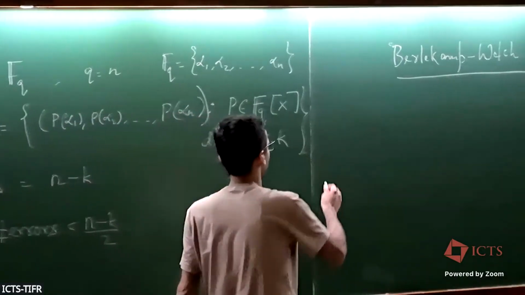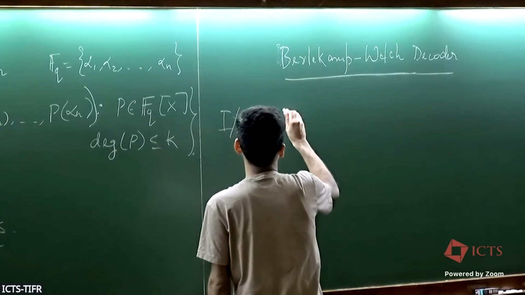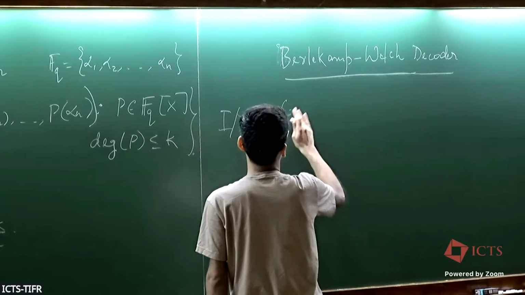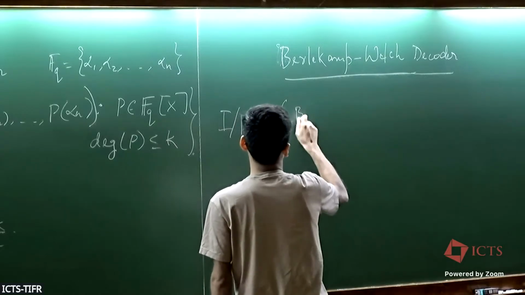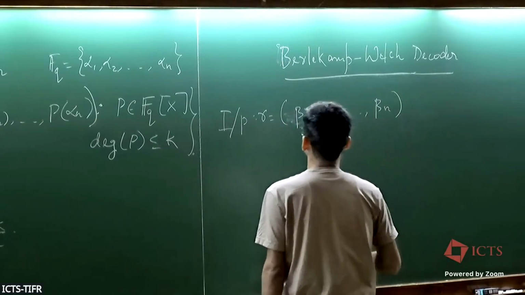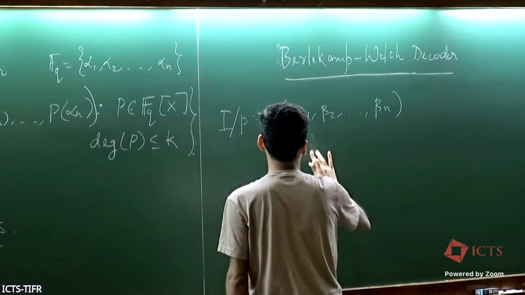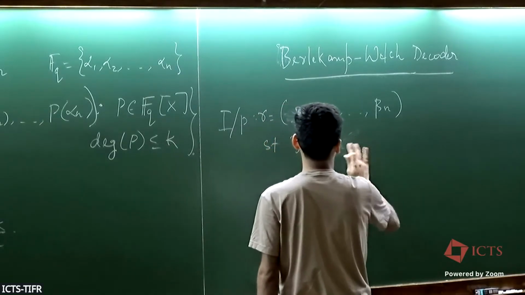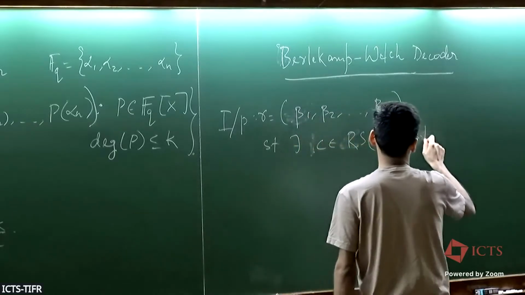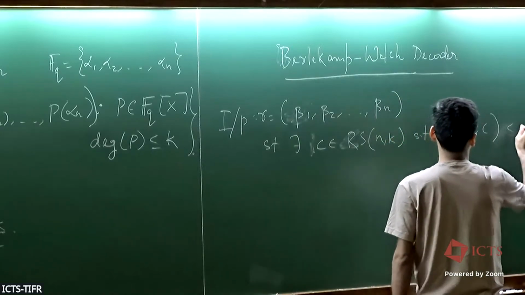So let's set it up. Our input, the received word, let's think of this as R, which is beta 1 up to beta n, such that there exists a C in the code, say RS(n,k), such that the Hamming distance of R from C is less than n minus k by 2.